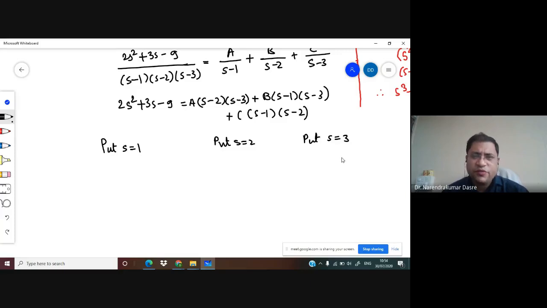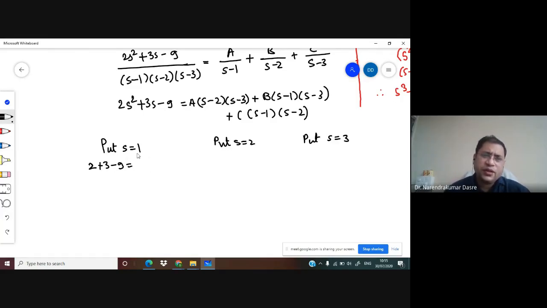This is a benefit for us that all the factors are linear and distinct. This method is applicable only if you have distinct linear factors. Now if I put s is equal to 1, I'll have 2 plus 3 minus 9 is equal.